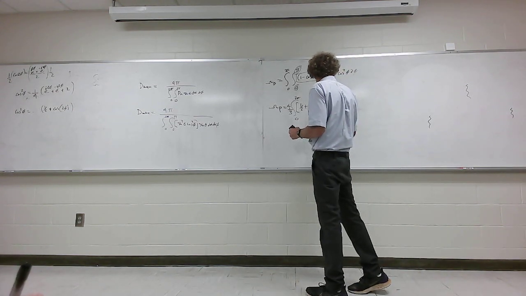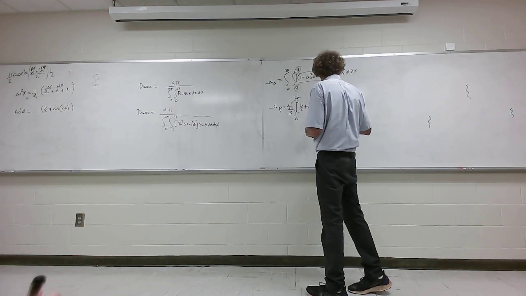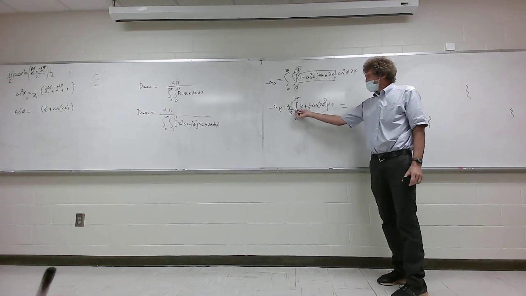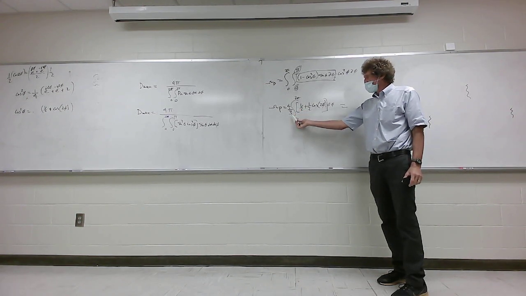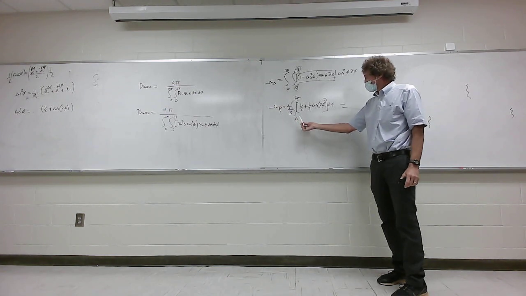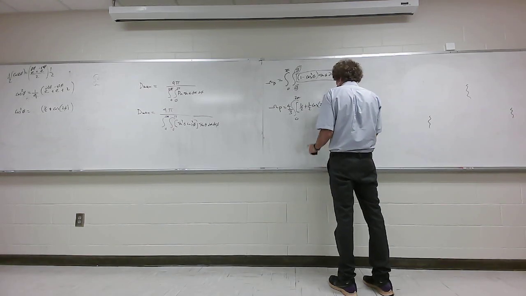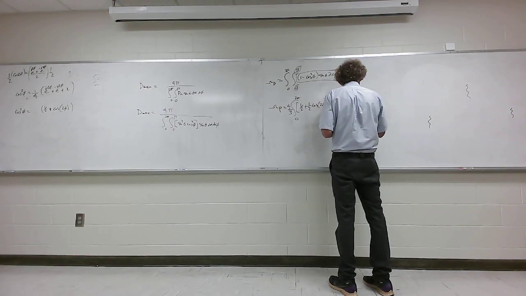That's the d phi integration. So if I have 1/2 times 4/3, that's going to be 2/3, right? Integrate that from 0 to 2 pi. It will be 2/3 times 2 pi. I'm going to leave it as that.